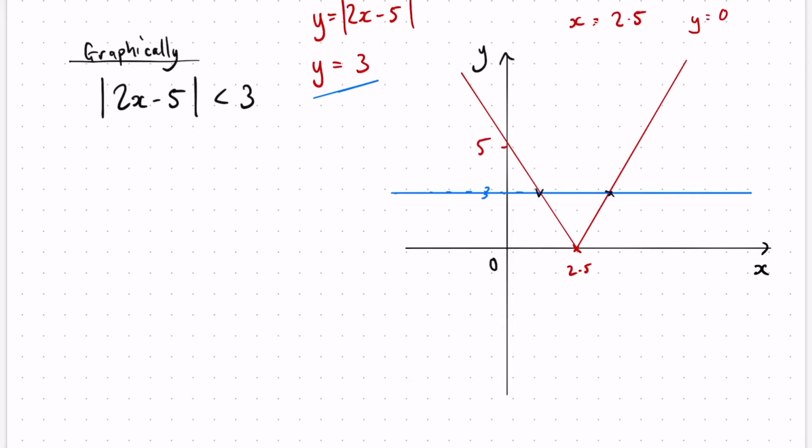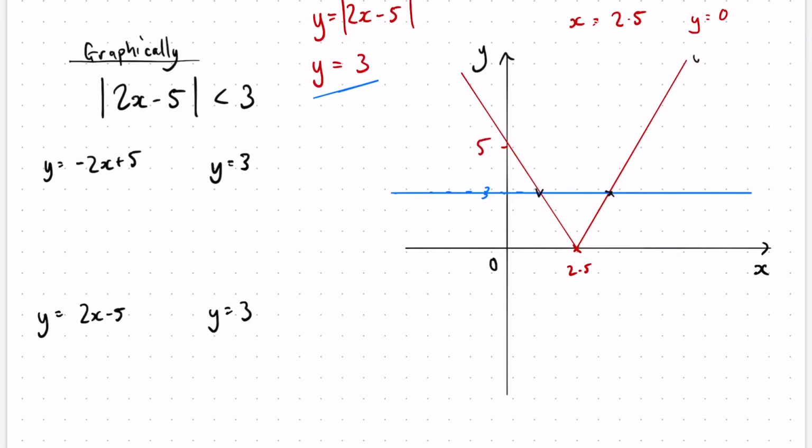So what we can think about is, what is the equation of the negative graph? Well, that would be the graph y equals minus 2x plus 5. And we want to find out when that is going to also be equal to 3. And then the other graph is y equals 2x minus 5, and that's when y equals 3.